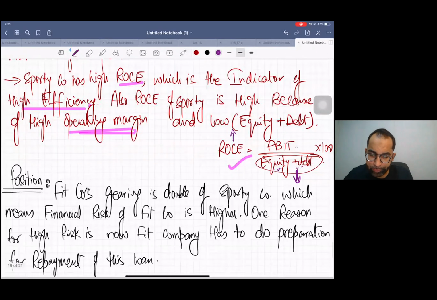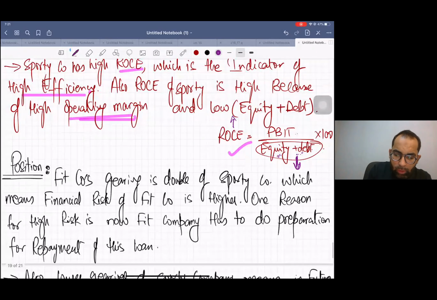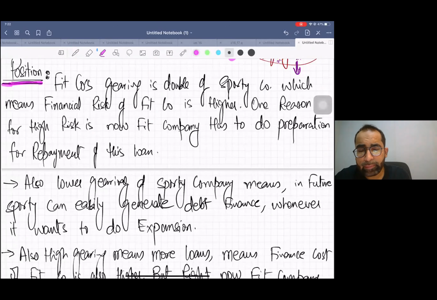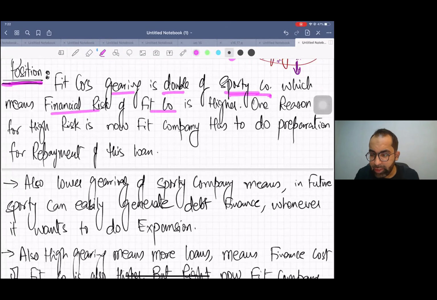Now, very easy. If you comment on position, that is gearing and debt creditor days. Fit company's gearing is almost double that of Sporty company, which means the financial risk of Fit company is higher. High gearing means high financial risk. I already told you.